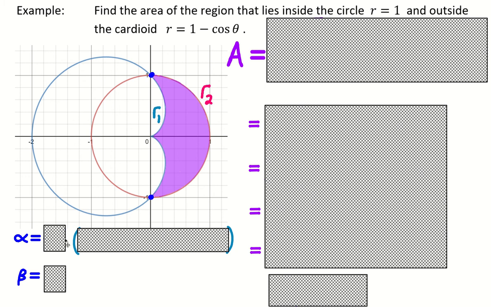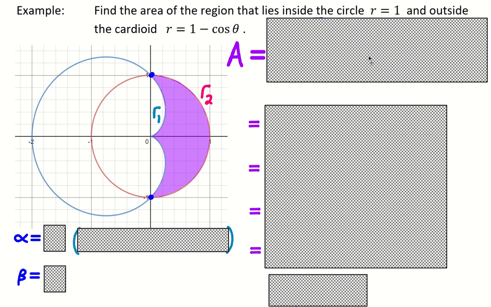Let me throw this in here. Let's say they wanted you to figure out the area that was shared by the circle and the cardioid. That would be this part right here. It wouldn't have been simple.